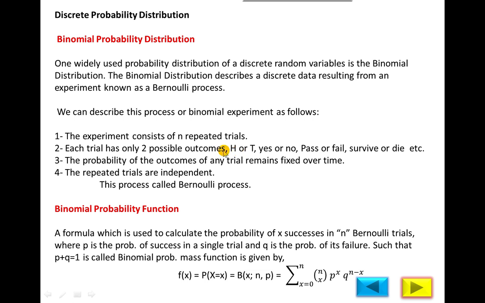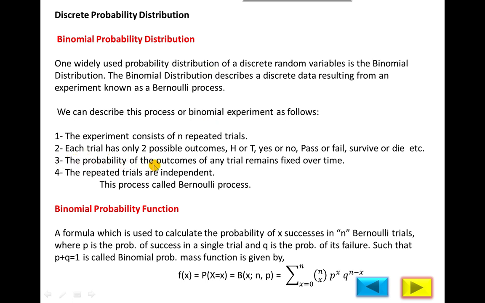So this is the most important characteristic of the binomial probability distribution. If any variable has two possible outcomes like yes, no, true, false, success, failure, pass, fail, survive, die, improve, not improve, 0 and 1, then we use the binomial probability distribution for probability.